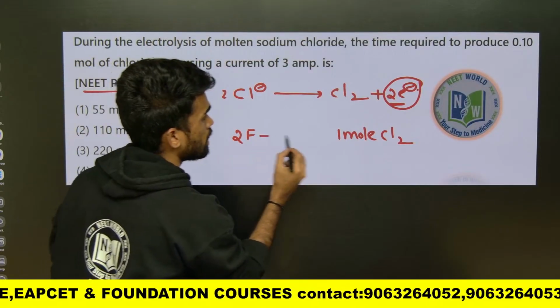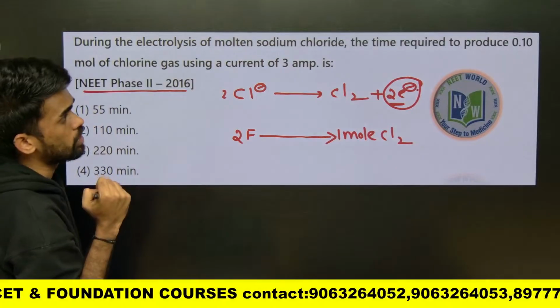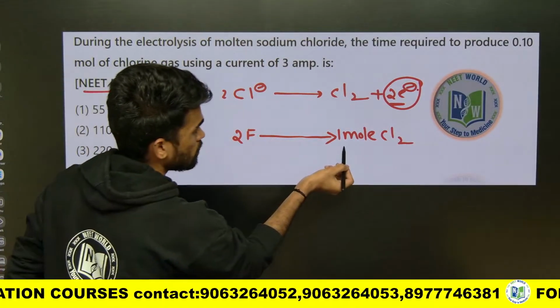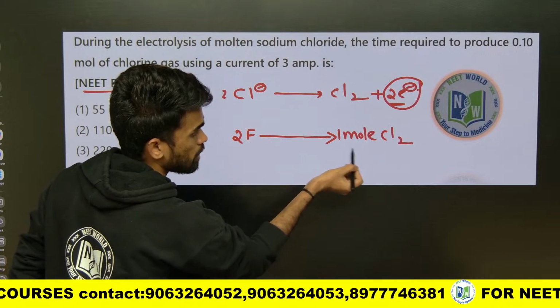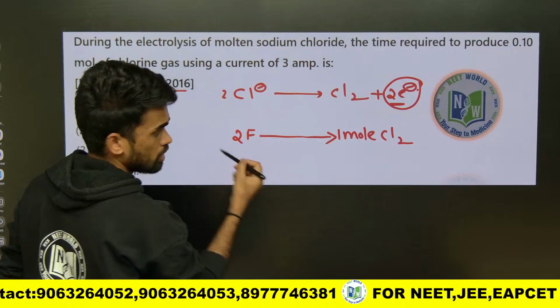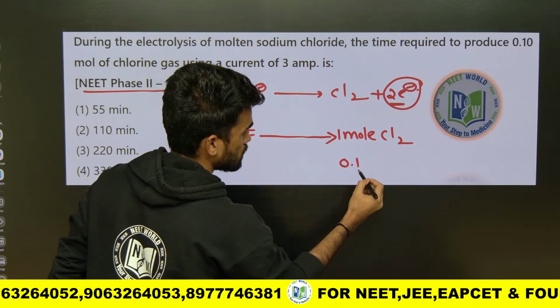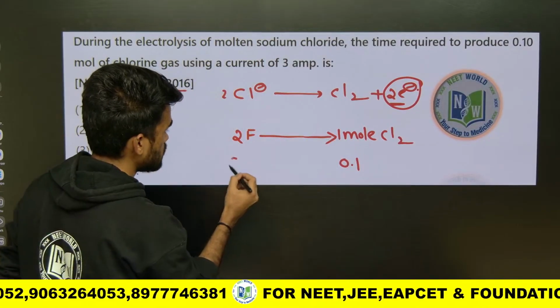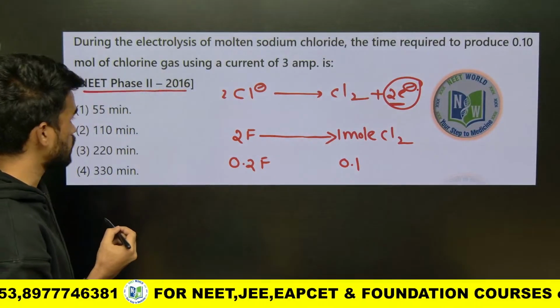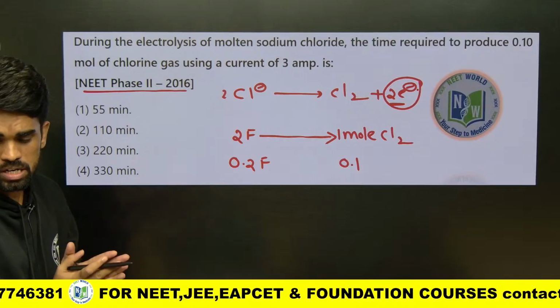So 2 Faraday in order to produce 1 mole. Okay. So how many moles they are saying in the question? 0.1. So what we need to do? Just divide this number by 10. So if you divide this by 10, here also you should divide by 10. So in order to make this 0.1, just make this 0.2 Faradays. This is the amount of charge required.